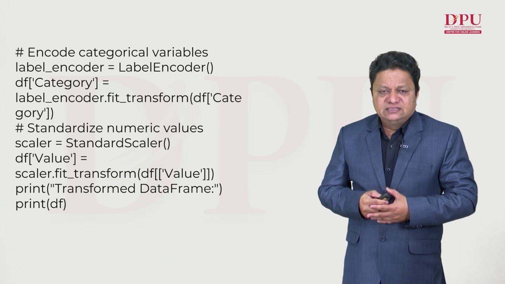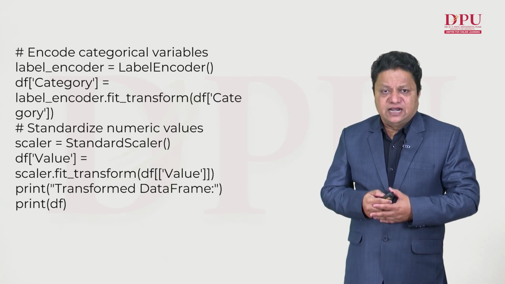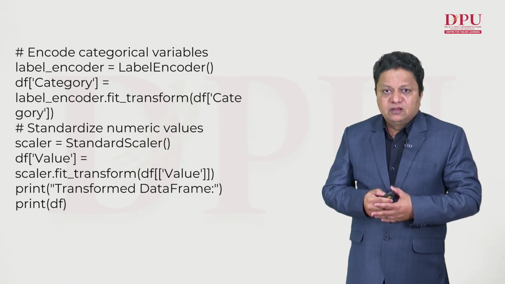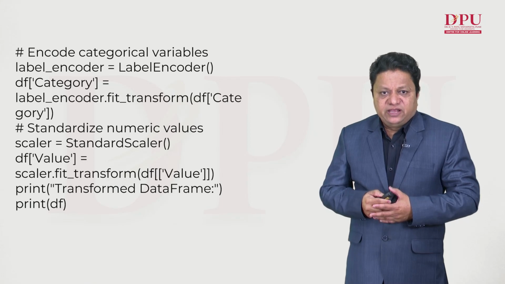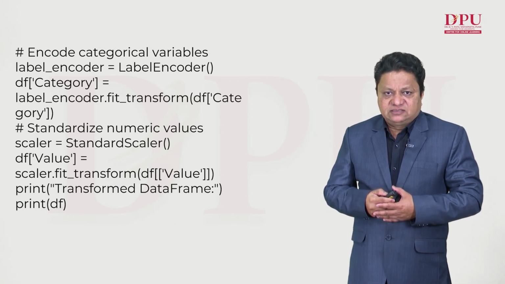So how to standardize? Here I am using the instance of StandardScaler with the name scaler. So scaler.fit_transform, in the bracket df['value']. Here I am providing the second pair's key, that is value.